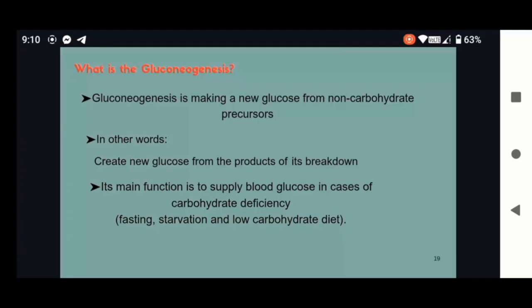Its main function is to supply blood glucose in cases of carbohydrate deficiency, like fasting, starvation, and a low carbohydrate diet. The gluconeogenesis pathway consumes ATP, which is derived primarily from the oxidation of fatty acids. The pathway uses several enzymes of glycolysis, with the exception of the enzymes of the irreversible steps, namely pyruvate kinase, 6-phosphofructokinase, and hexokinase.